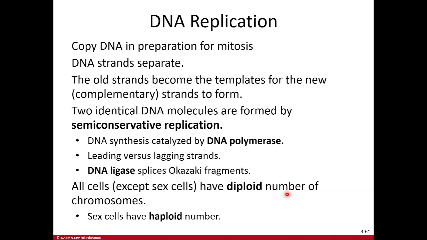During interphase of the cell cycle, you will make another copy of DNA. Then once this happens, you have something that's called semi-conservative replication, in which the DNA polymerase will synthesize as many of these bonds as you need to make a polymer of DNA.